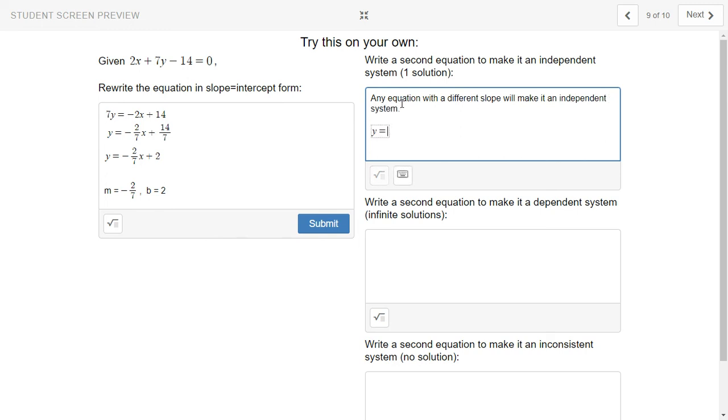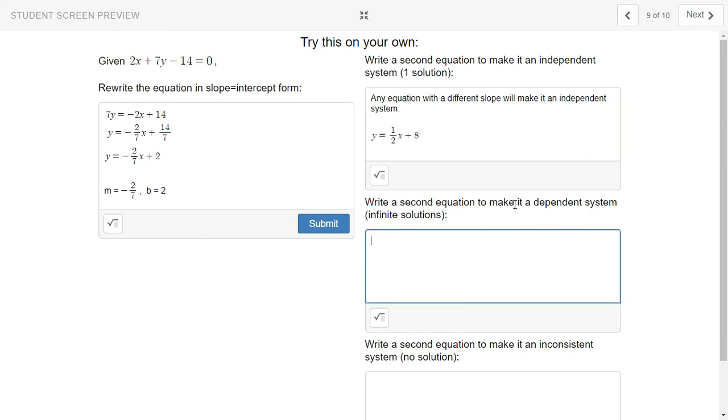So for a different slope, we could have 1 over 2x plus 8. This is an example of something that is going to give us one solution. You can write any equation you want as long as it does not have the same slope.